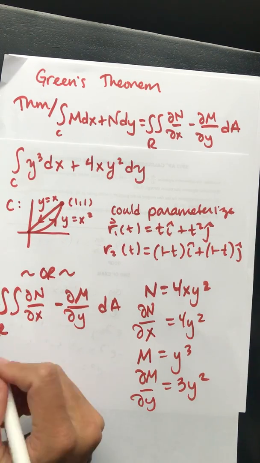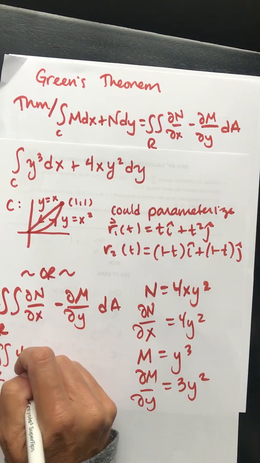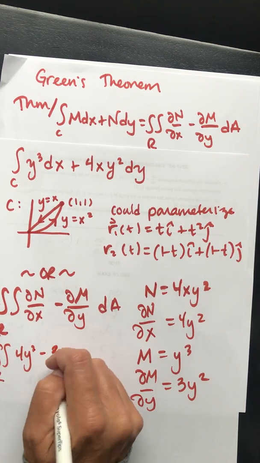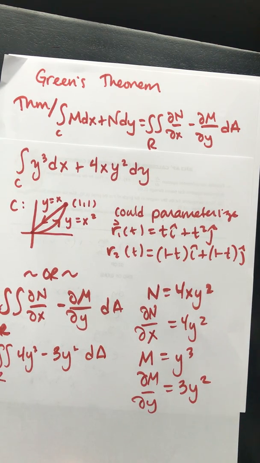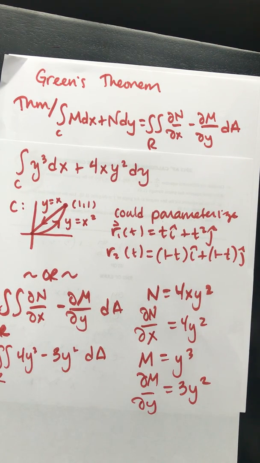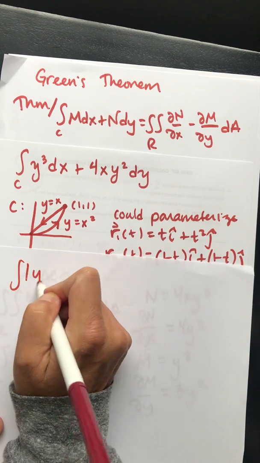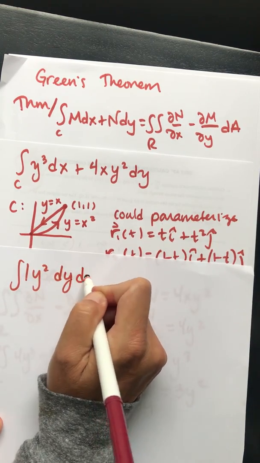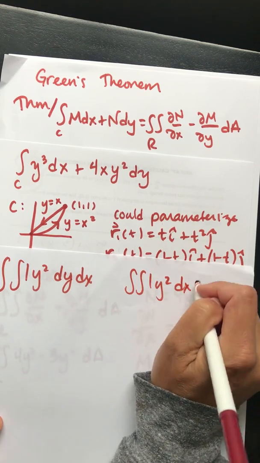Plugging these into here, I get the double integral over the region of dN/dx minus dM/dy dA. Now, because we are masters of the double integral, there are two different ways that we could write out this double integral. 4y squared minus 3y squared is 1y squared. I have y squared dy dx, or I could do y squared dx dy.